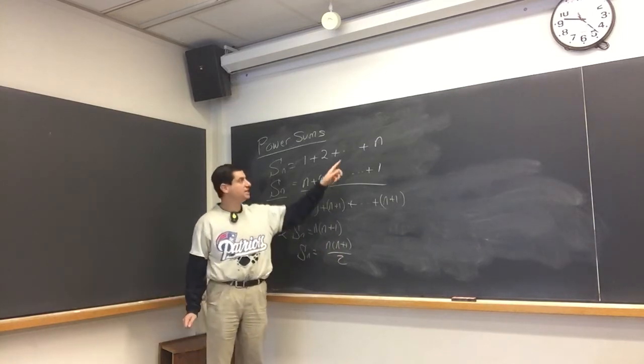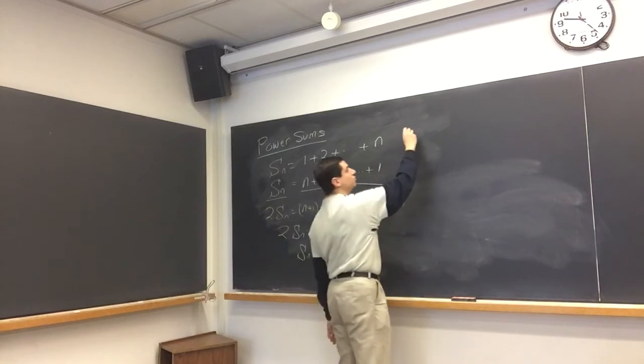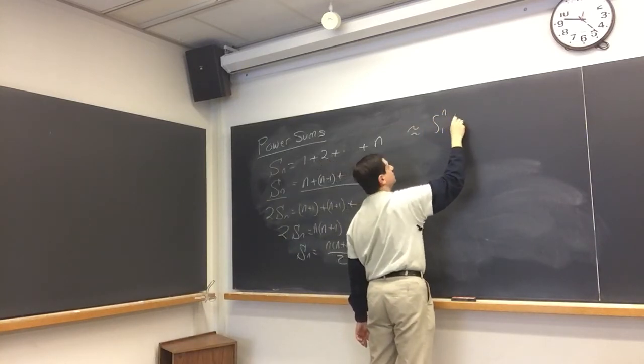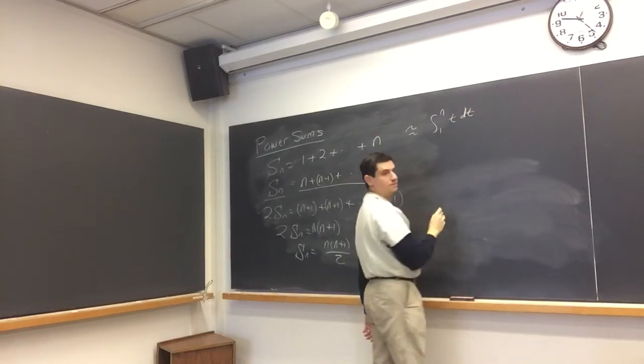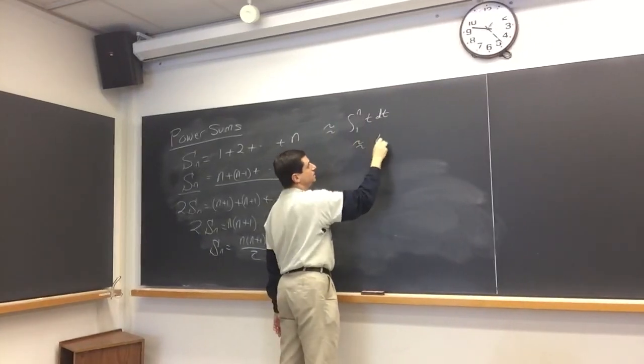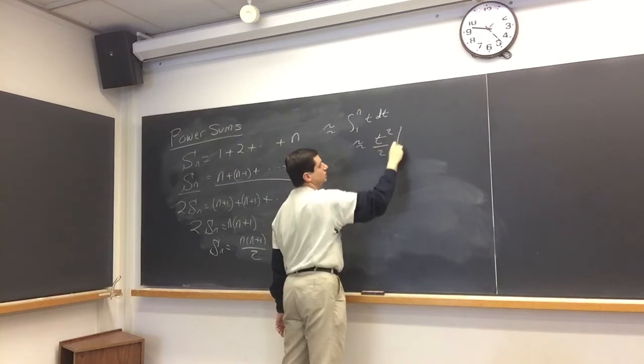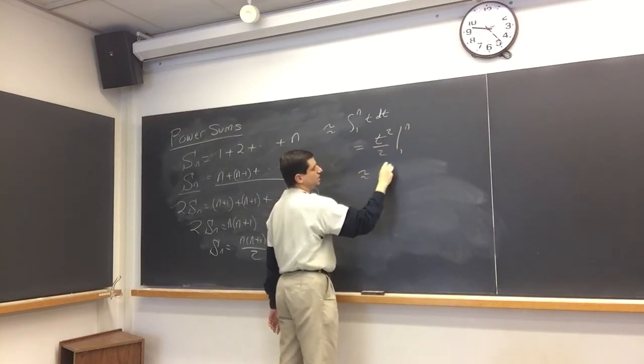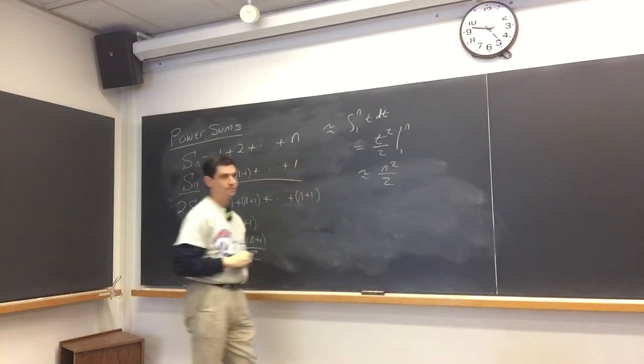From calculus, as n gets very, very large, this is approximately equal to the integral from 1 to n of t dt. That's approximately t squared over 2, evaluated at 1 and n. And so this is approximately n squared over 2.